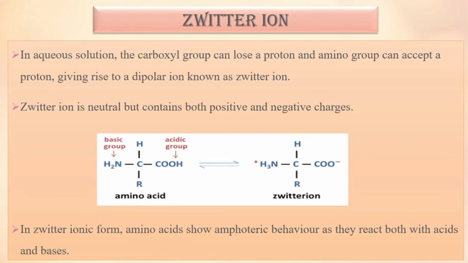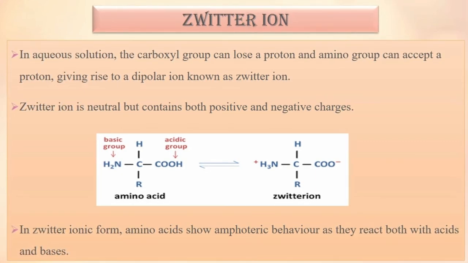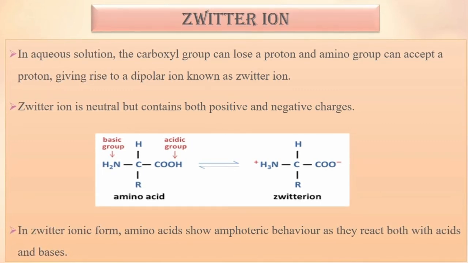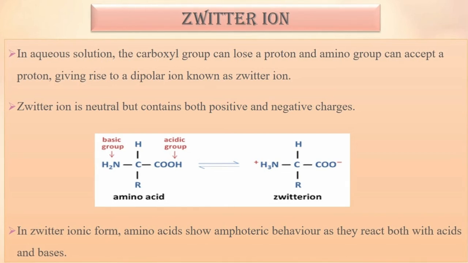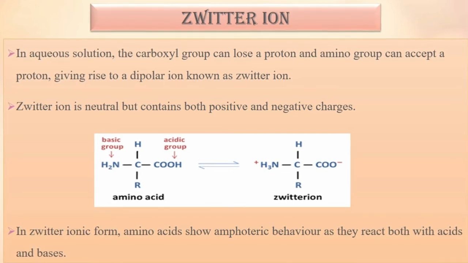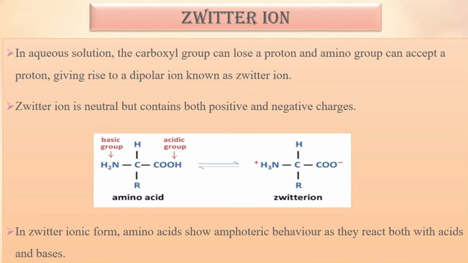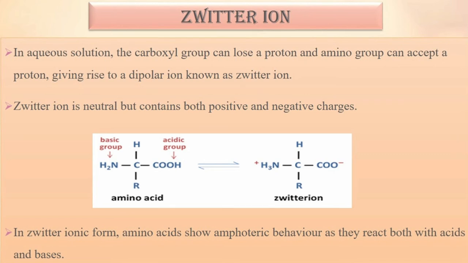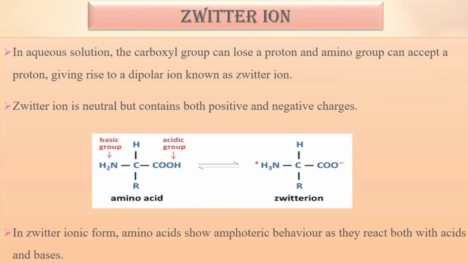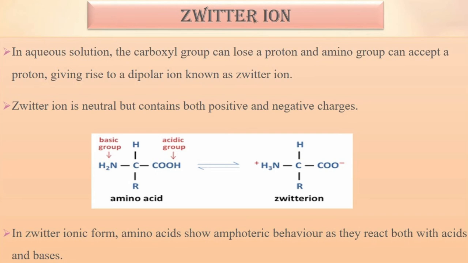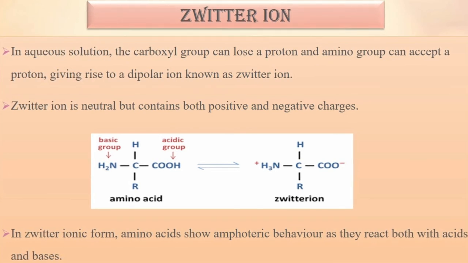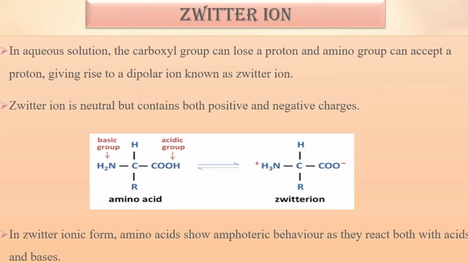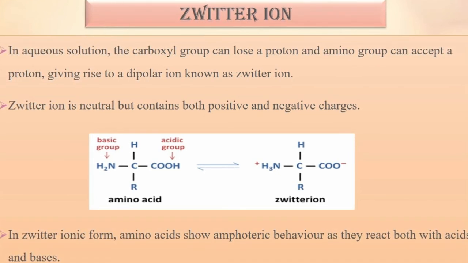This carboxyl group will have a negative charge and the amino group will exist as NH3 plus. Thus, you have both positive as well as negative charge within the same molecule. This dipolar ion, we call it a Zwitter ion. Zwitter ion is neutral in nature since it has both positive as well as negative charge on it.